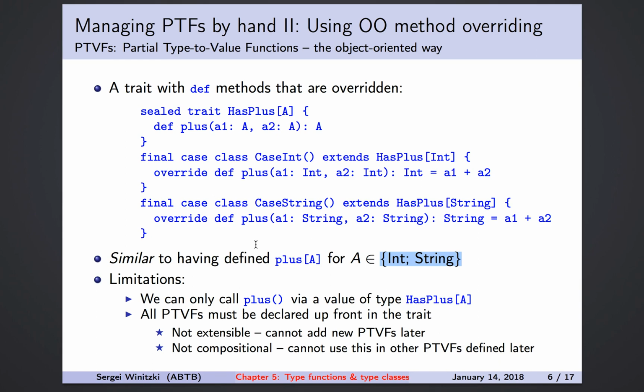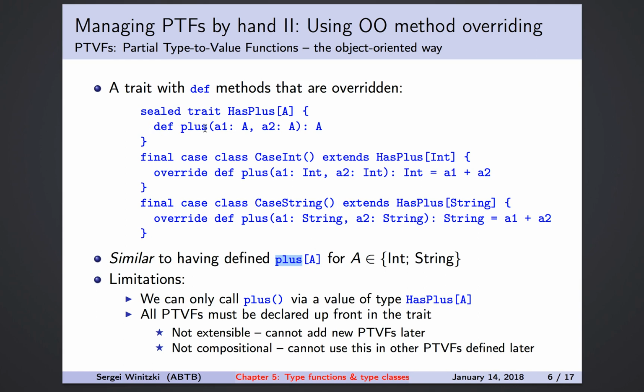Another limitation is that all the functions, so you see this plus is one of the partial type to value functions. It's a type to value function which is defined only for certain types. All of these must be defined up front in the code of this trait.